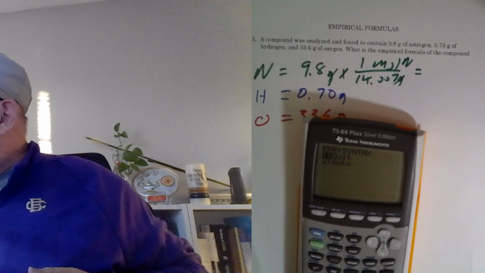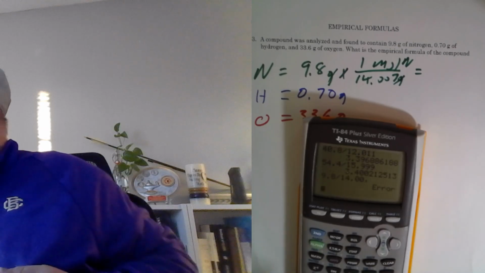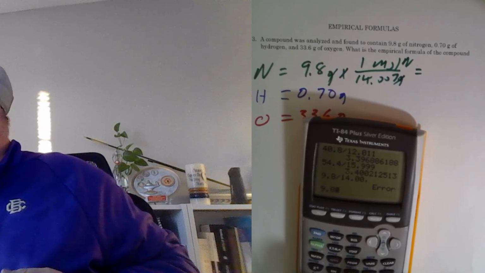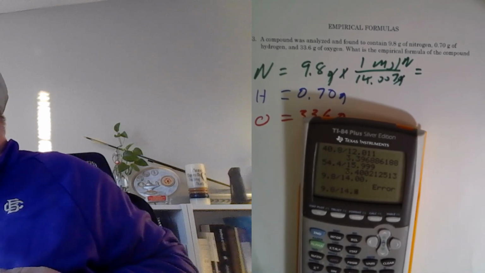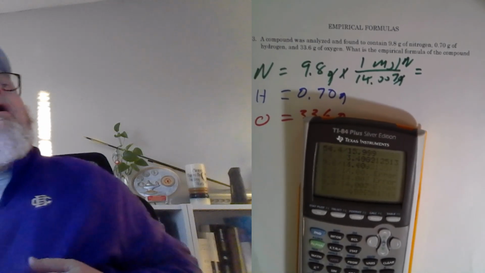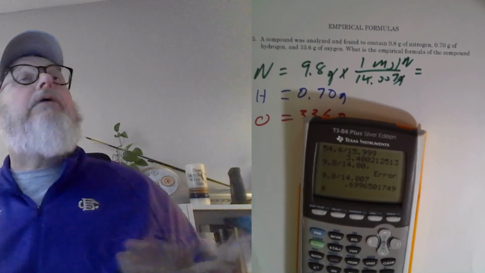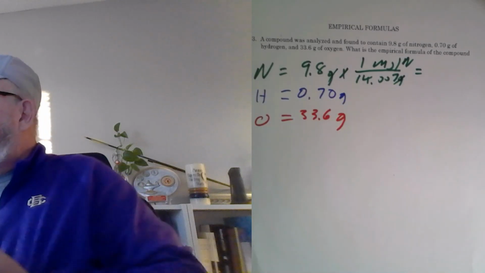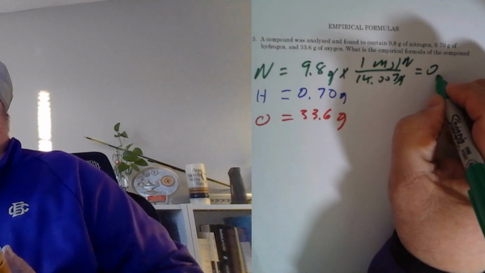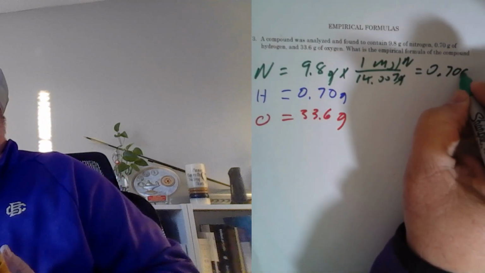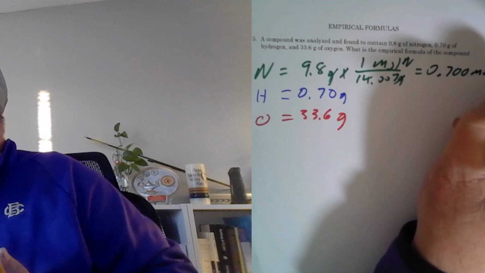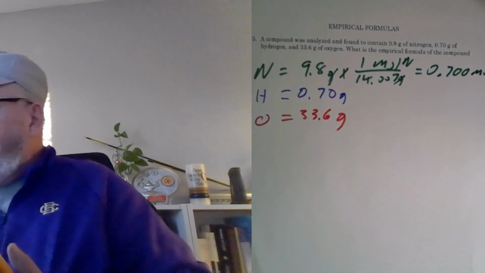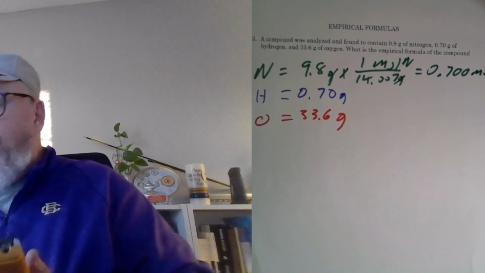Oh, I screwed up. Clear. 9.8 divided by 14.007. Let's see, I got 0.70 moles of nitrogen. Okay, let's look at hydrogen.